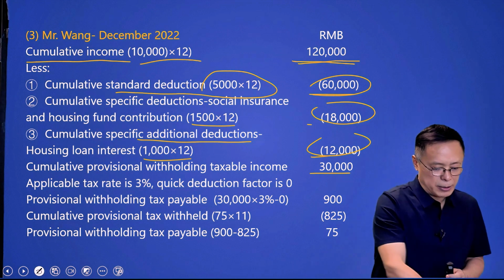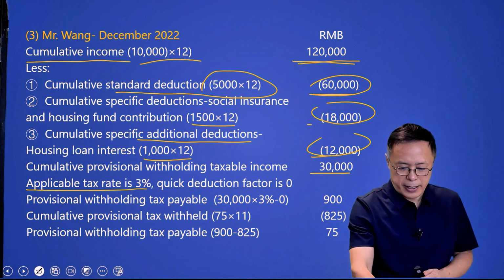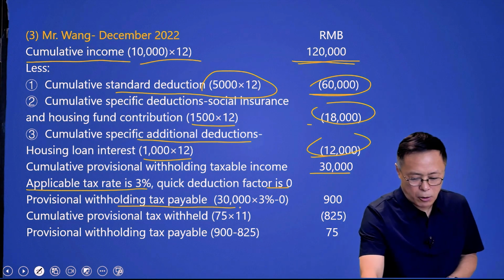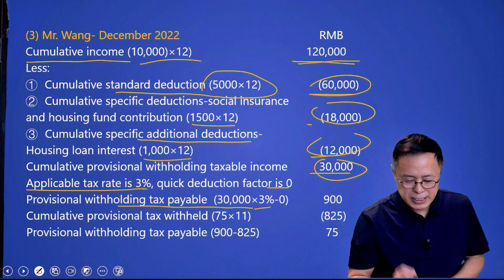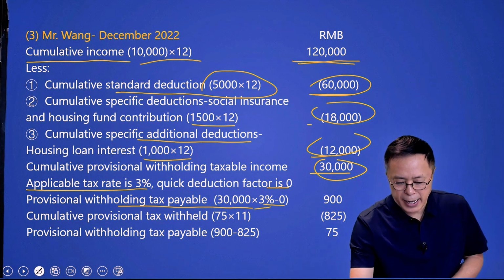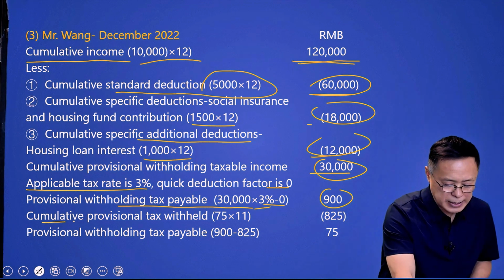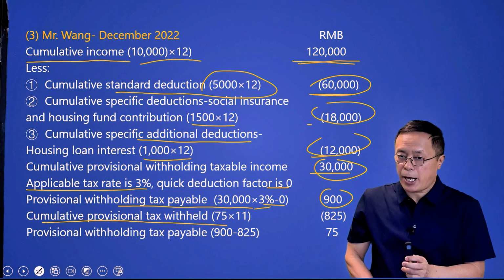The amount is 60,000. By referencing the tax rate table, we know that the applicable tax rate is 3%. Quick deduction factor is 0. So, provisional withholding tax payable equals 30,000 times 3% minus 0, which is 900.